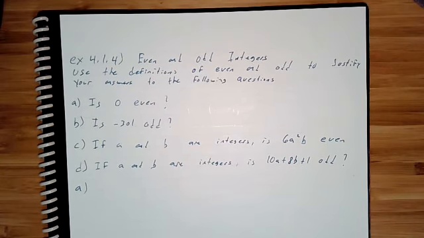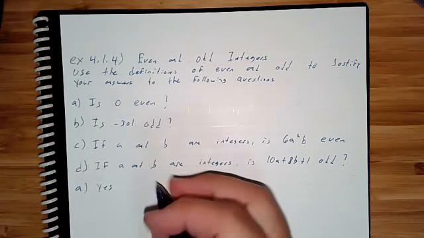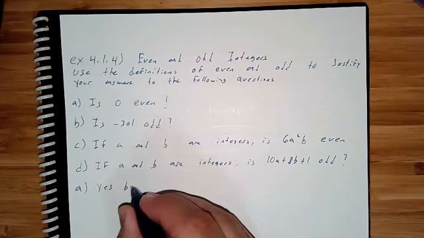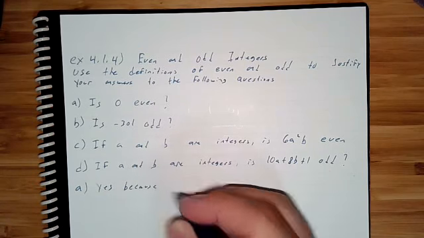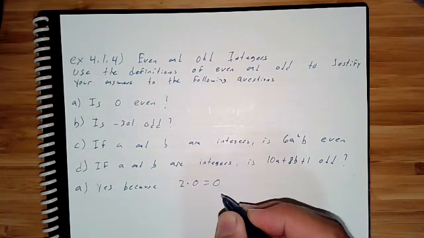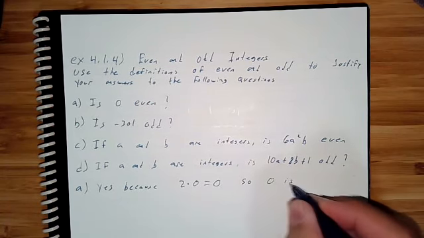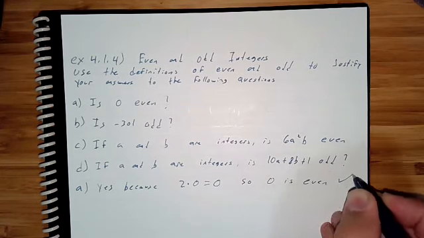Well, the definition says that if you can write it as 2 times some number, then it's even, right? So the answer would be yes, because I can use the definition. Because 2 times 0 is equal to 0. So 0 is even, right?